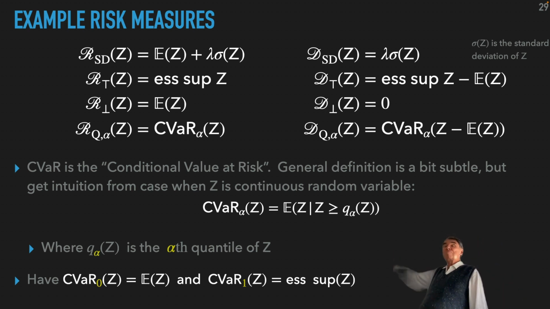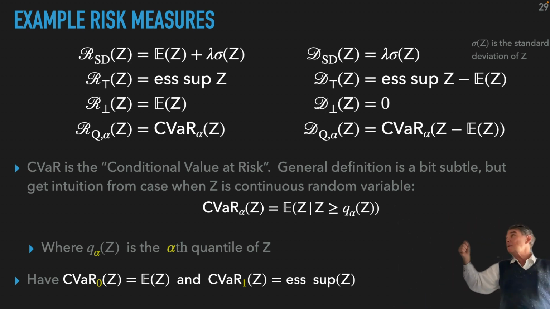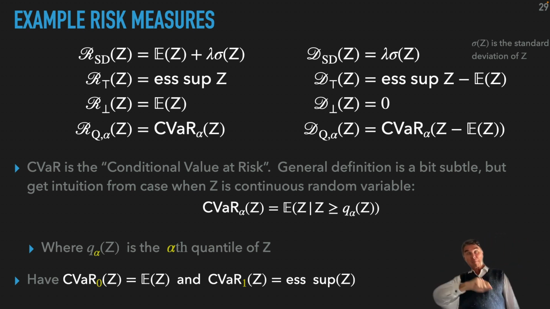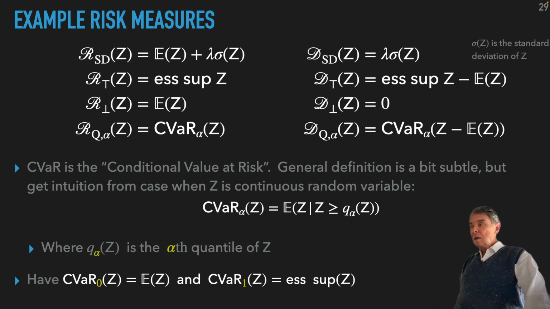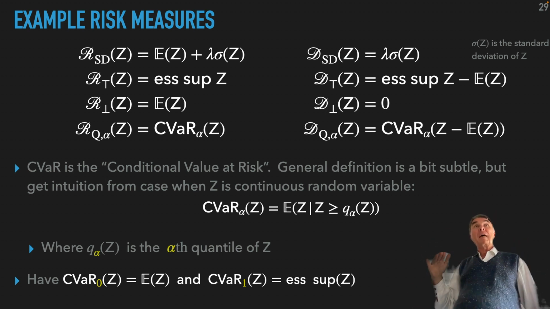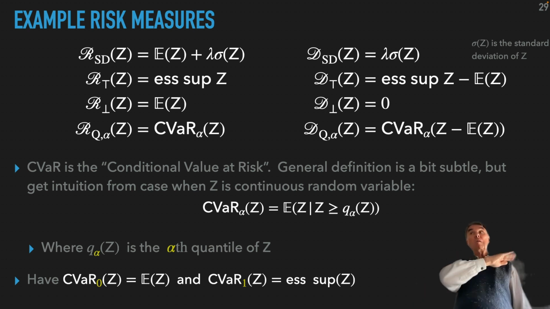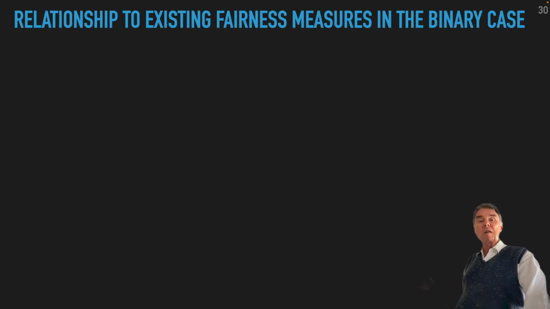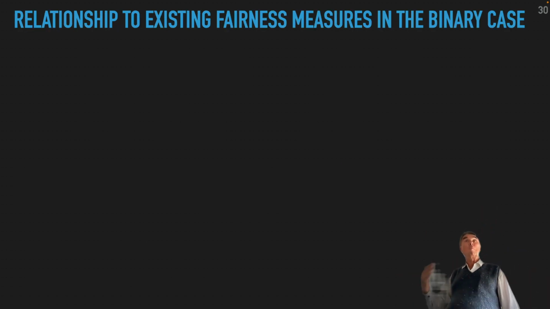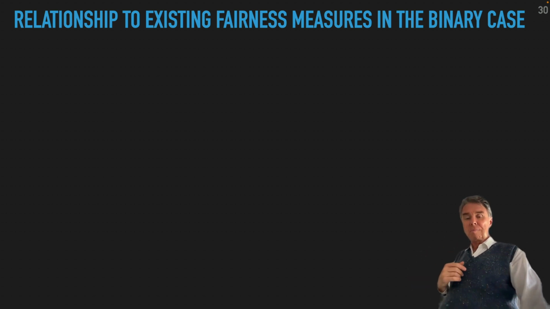This family is particularly nice because as you adjust the knob alpha between 0 and 1, you interpolate between the smallest and largest risk measure. So it's this one parameter family that gives you a wide range of behavior. You set alpha equals 0, you've got standard empirical risk minimization. You set alpha equal to 1, you are paying all of your attention to the worst off.